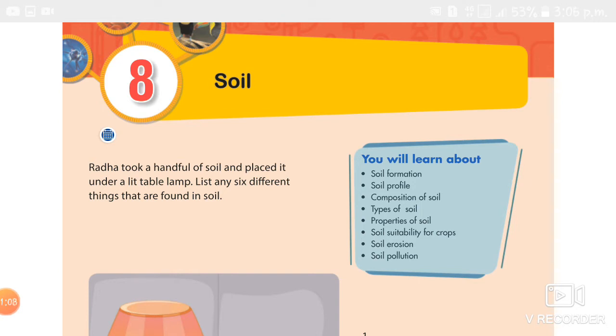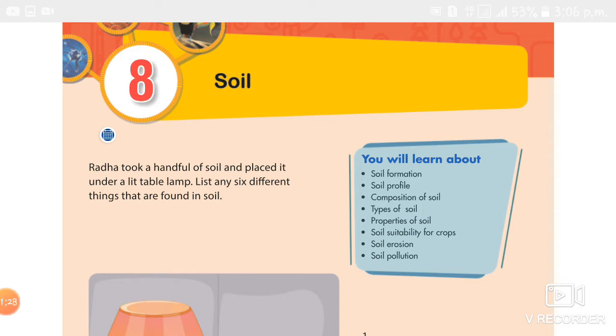These all live in the soil. All these soil organisms break down dead remains of plants and animals into simple substances, which makes the soil fertile. So we all depend on soil to grow crops.